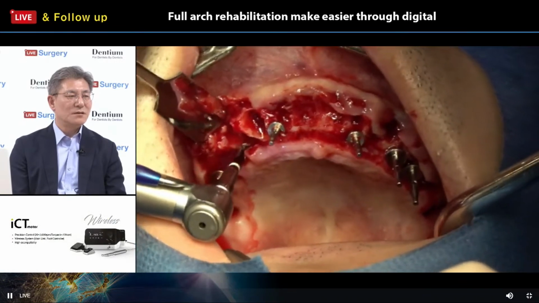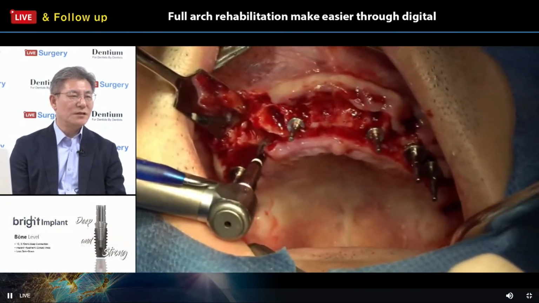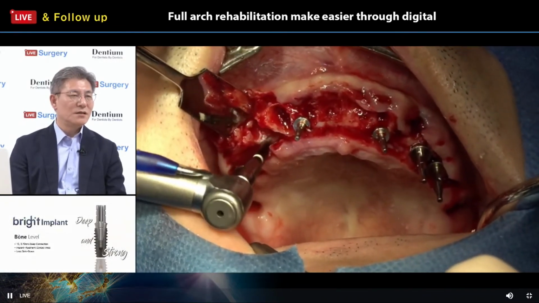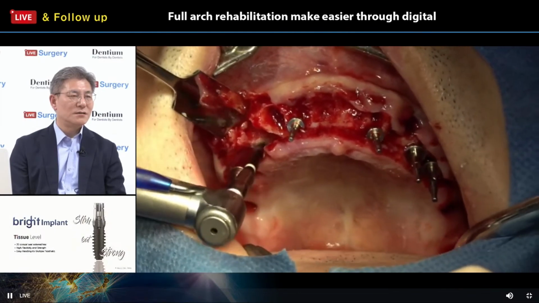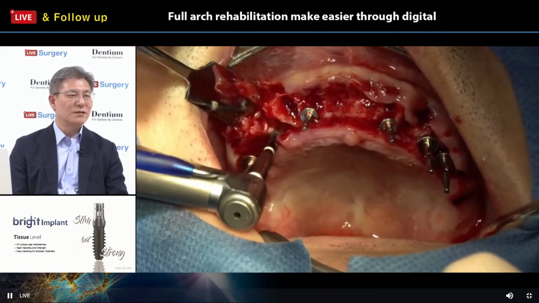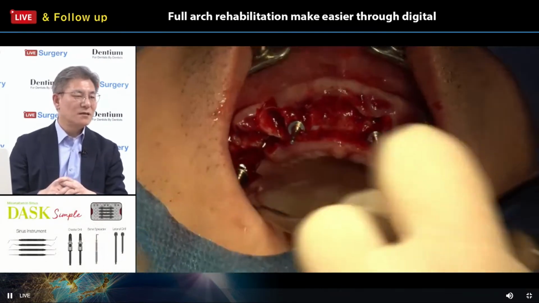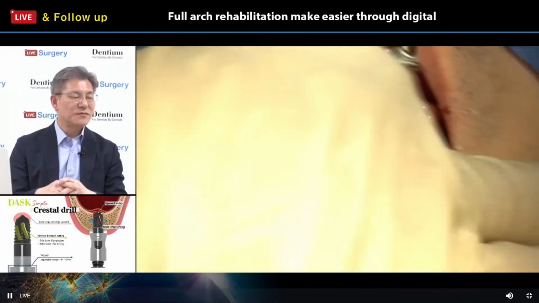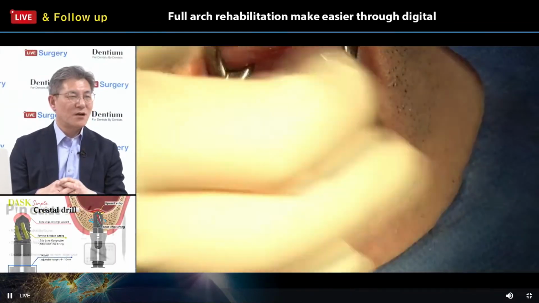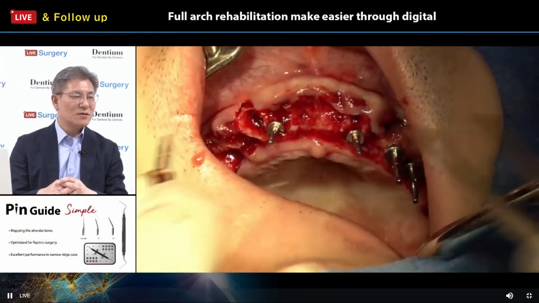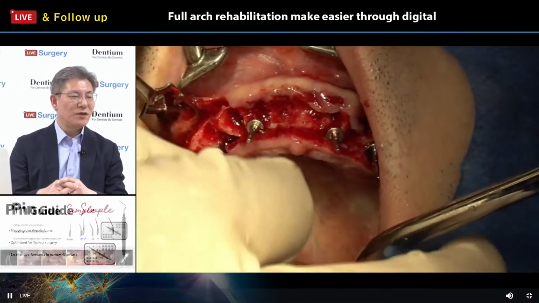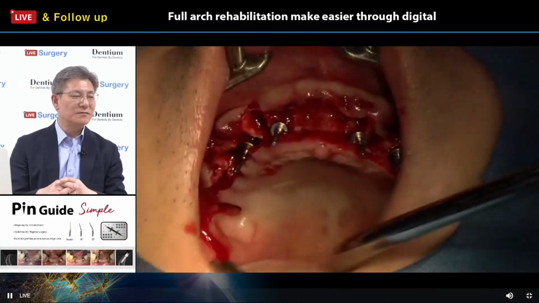Number 14, drilled as planned. The planning is number 14 and 15, and the osteotomy site is between number 14 and 15.